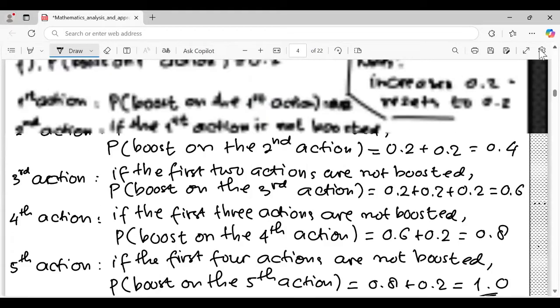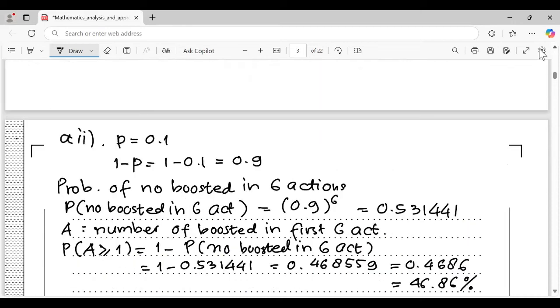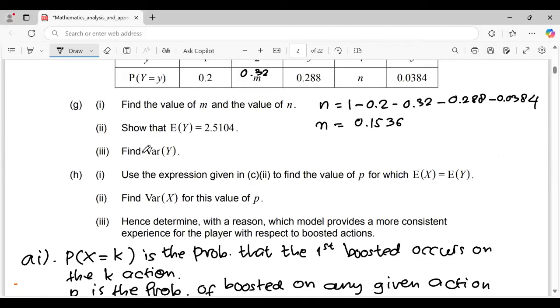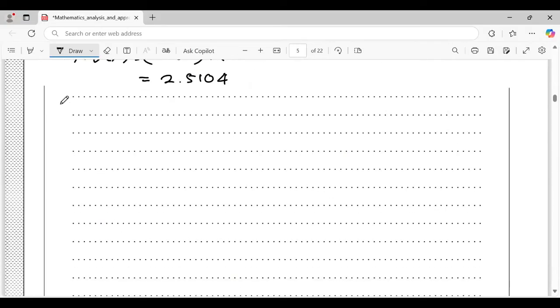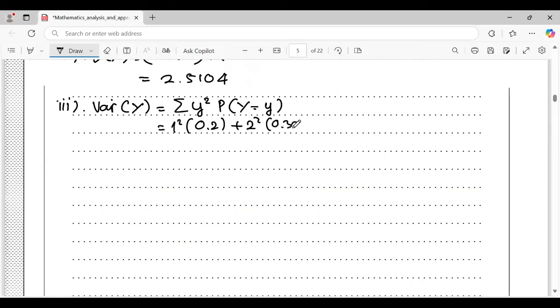Next, part 3. Find variance Y. So variance Y is the sum of y squared times the probability that Y equals y, or it is 1 squared times 0.2 plus 2 squared times 0.32 plus 3 squared times 0.288 plus so on.